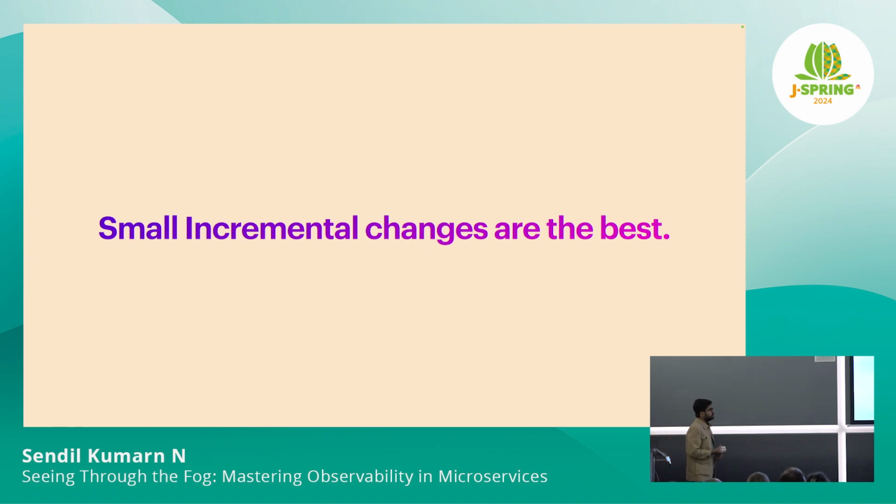And small incremental changes are the best. How many of you have reviewed code that had more than 10,000 or 15,000 lines of code change? 1, 2, 3, 4, 5, 6. Okay. So my favorite thing on doing that review is I just close that review saying, hey, create a different PR.